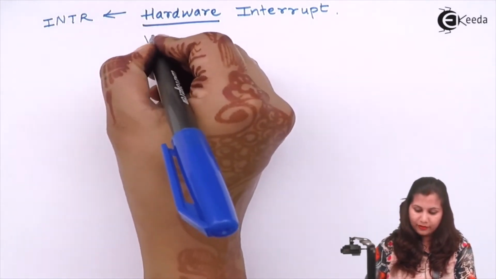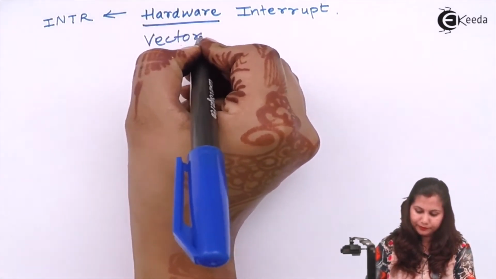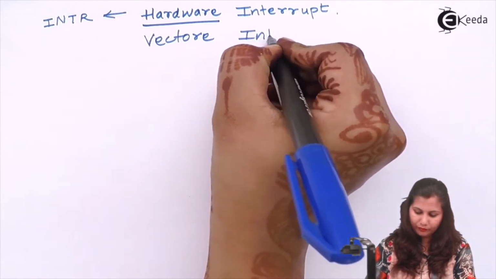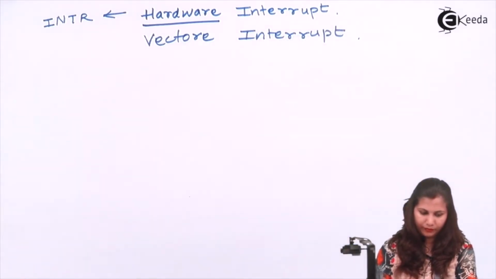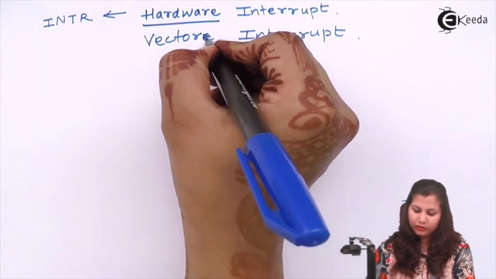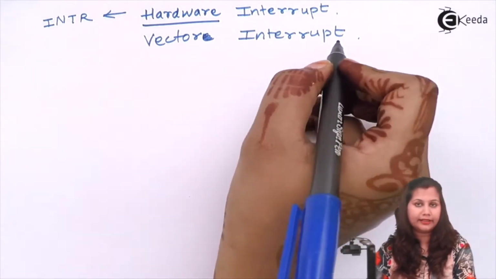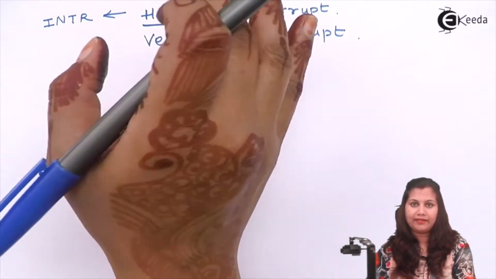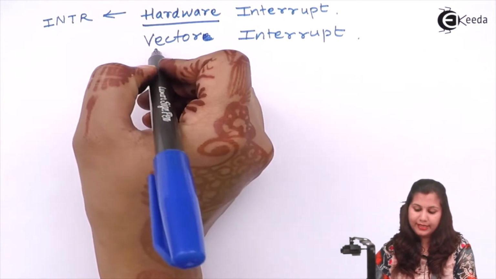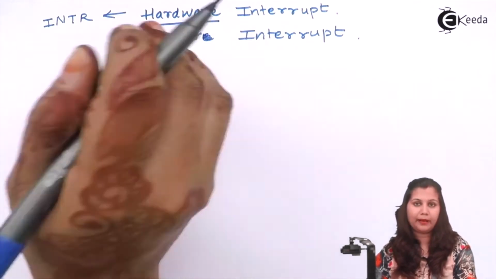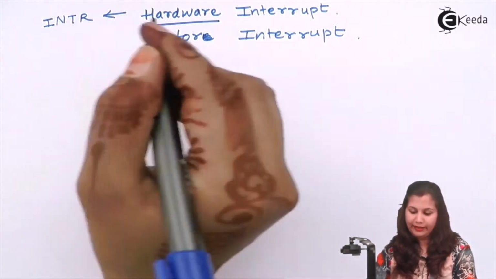Also, this is a vectored interrupt. Now, vectored means it has a fixed interrupt vector address, but this address is provided by the external device.